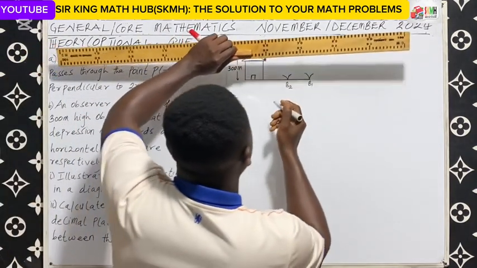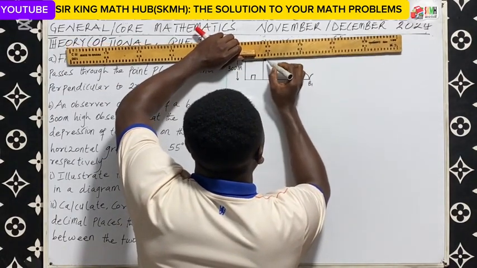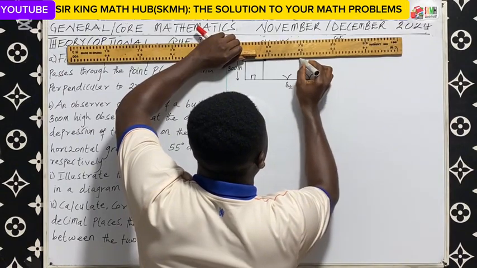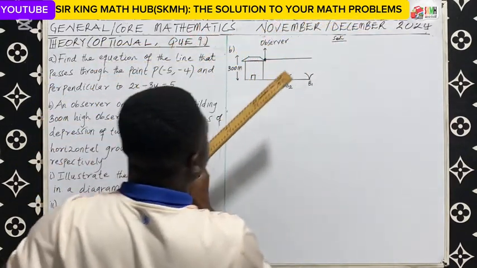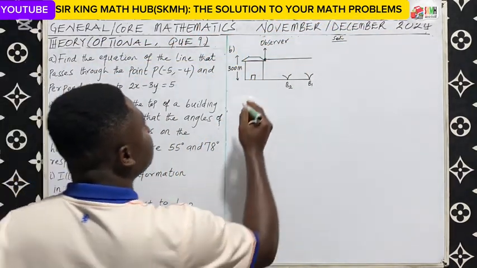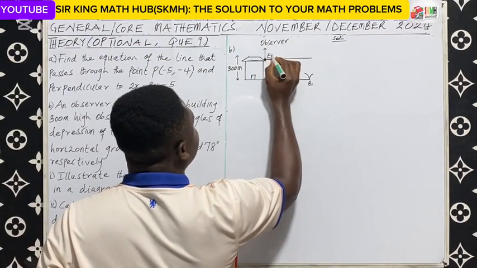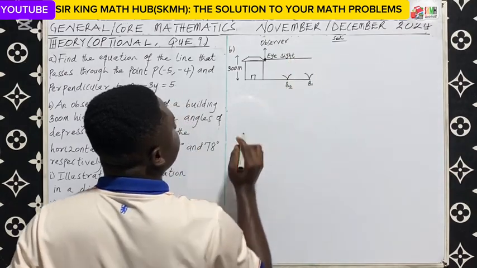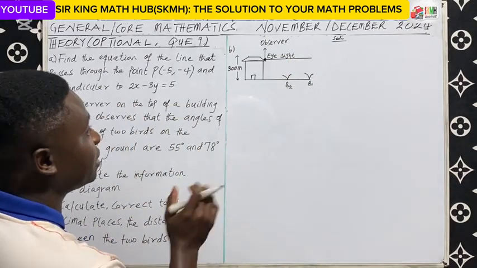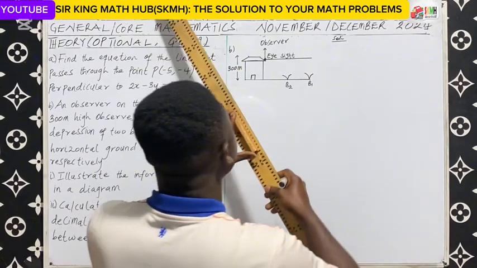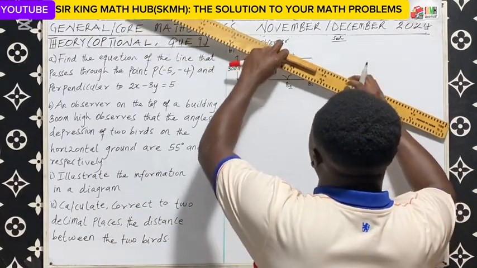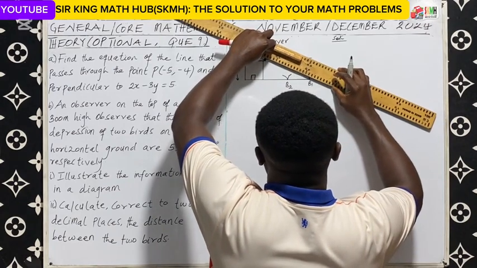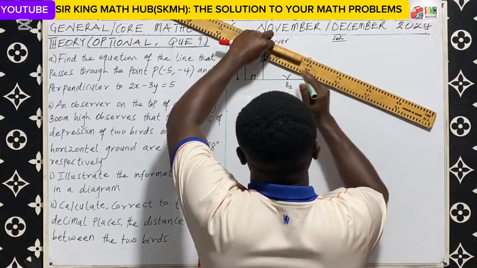So we know that the angle of depression is the angle below the horizontal eyesight. So this is the eyesight of the observer, the horizontal eyesight. So any angle below the horizontal eyesight is the angle of depression.